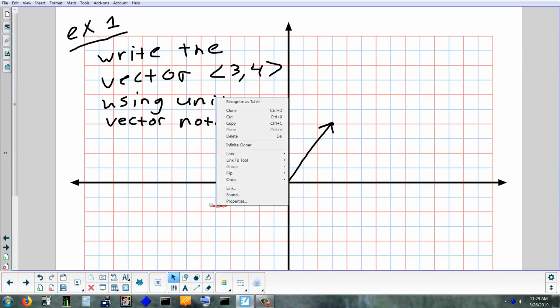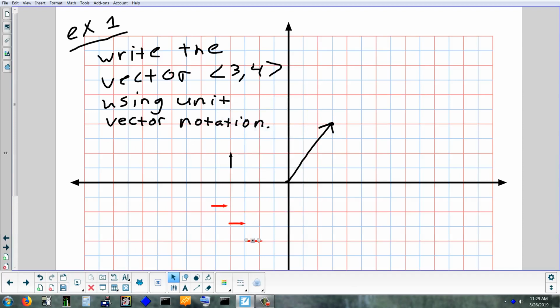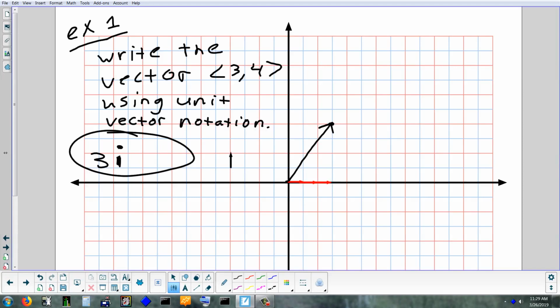So I'm just going to make 3, and I'm going to go like this. I got 1, 2, 3. So the new way that we're going to write this vector, the first part of it is going to be 3i. That's the first part. 3i.